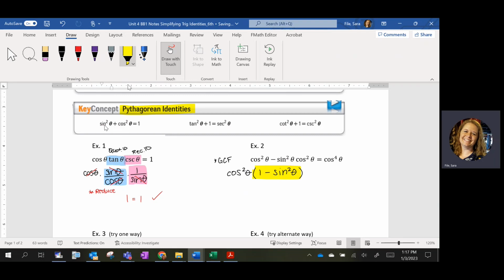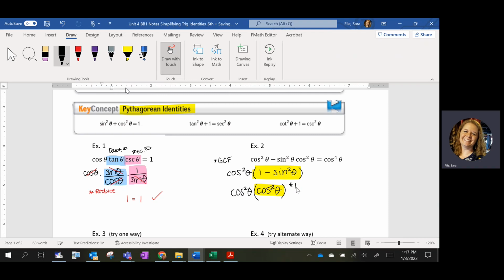If I subtract that sine squared to the other side, what am I left with? Cosine squared, right? If I move the sine squared over here, the right side becomes this 1 minus sine squared, which would be equivalent to just the cosine squared. So I can make that substitution. 1 minus sine squared is equivalent to cosine squared. And I've still got the cosine squared out front.